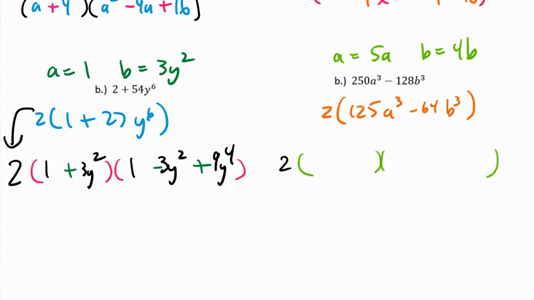Put a 2 out front. Same sign, opposite sign, always positive. 5a minus 4b, 25a squared, 20ab, 16b squared.